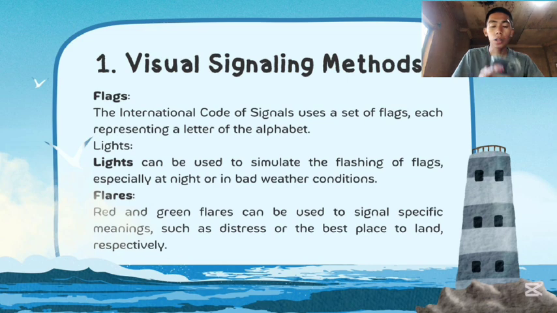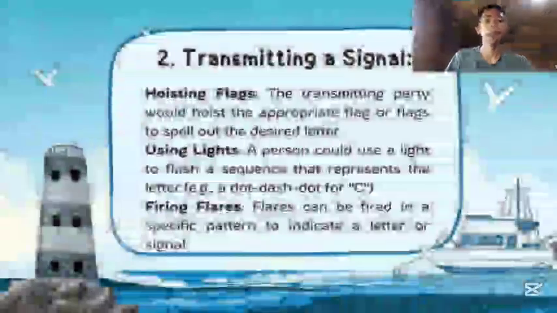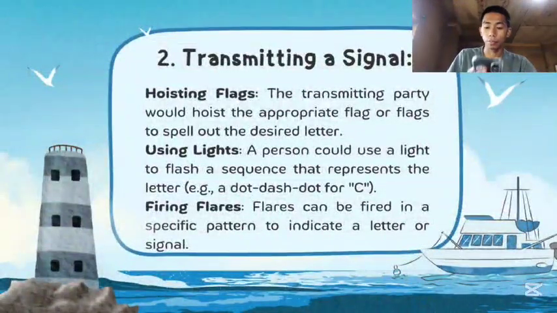Lights can be used to simulate the flashing flags, especially at night or in bad weather conditions. Flares. Red and green flares can be used to signal specific meanings such as distress or the best place to land, respectively. Second, transmitting a signal.